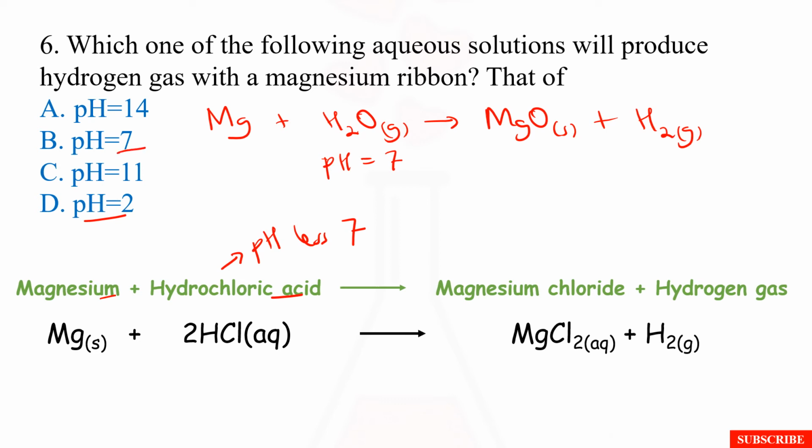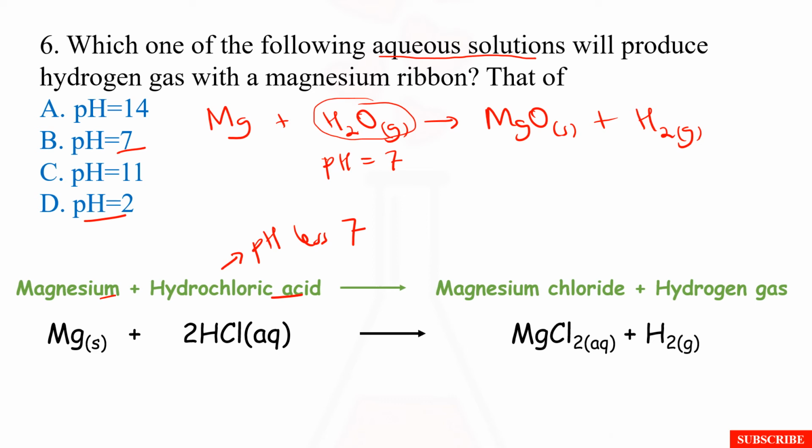So to some extent, B is also right, but because we are dealing with aqueous solutions, of which steam, I don't know that's aqueous. Yes, it's water, it's a gas, but I don't know that's aqueous.